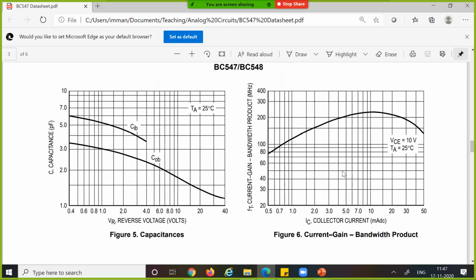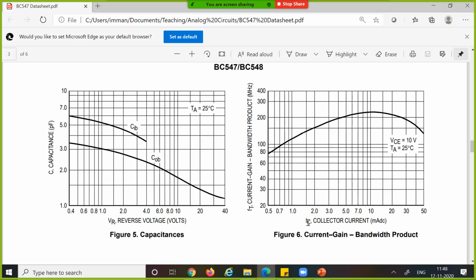Let's move to current gain bandwidth product. Let's look at figure 5. As you increase the reverse voltage, the collector base reverse voltage, you can see that the capacitance COB changes. This is in tune with the equation which we saw in the class, because both the junction capacitances are a function of the voltage applied across them.